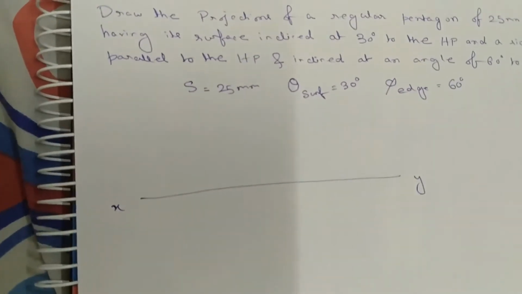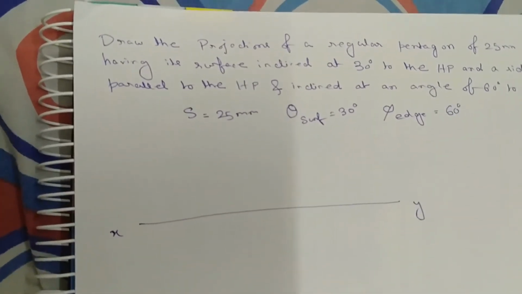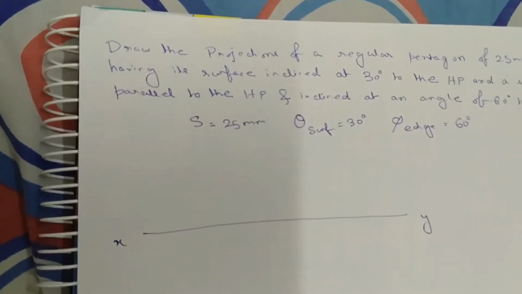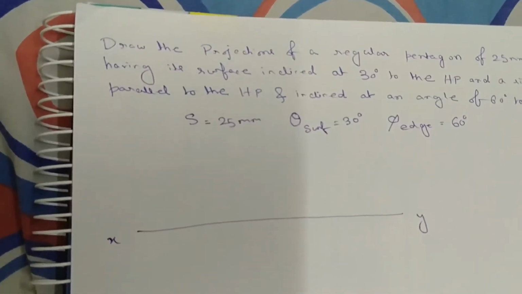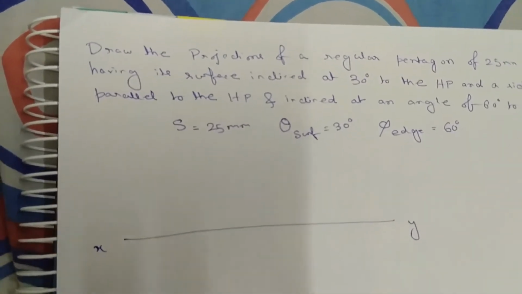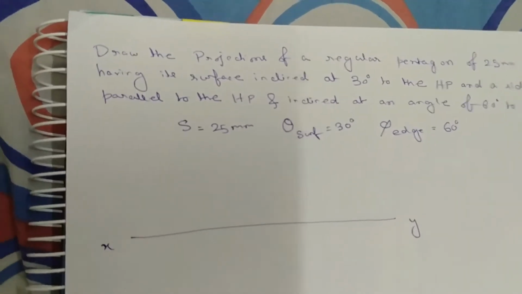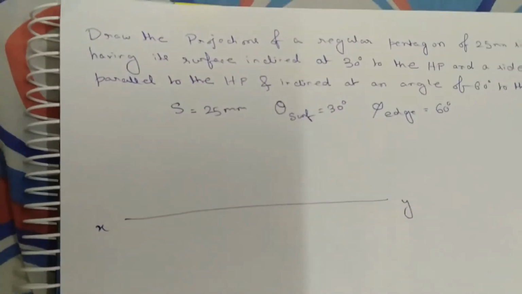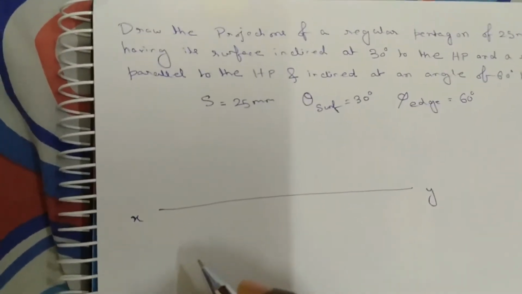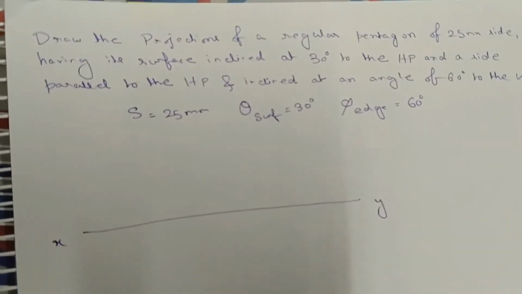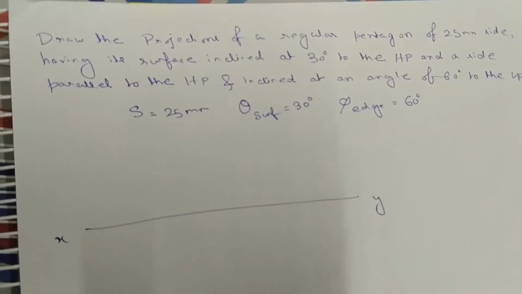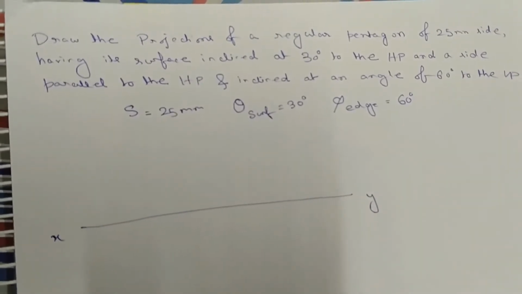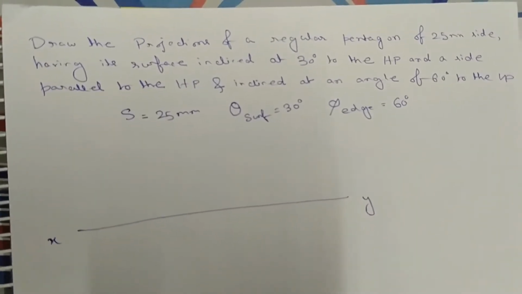So initially what we are going to see, we are going to consider that the pentagon surface will be on HP, and here it is specified that there is an inclination angle, which is 60 degree.